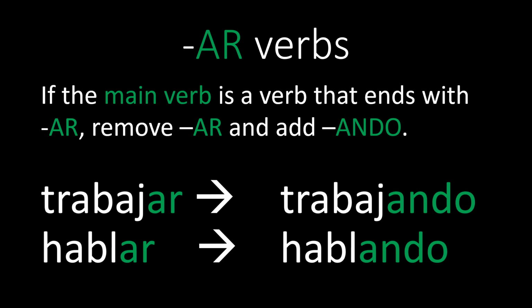If you want to change it from work to working, you're going to take off the AR and add ando. So it changes to trabajando. Likewise, with the verb hablar, take off the AR and add ando. And that gives you the form hablando.